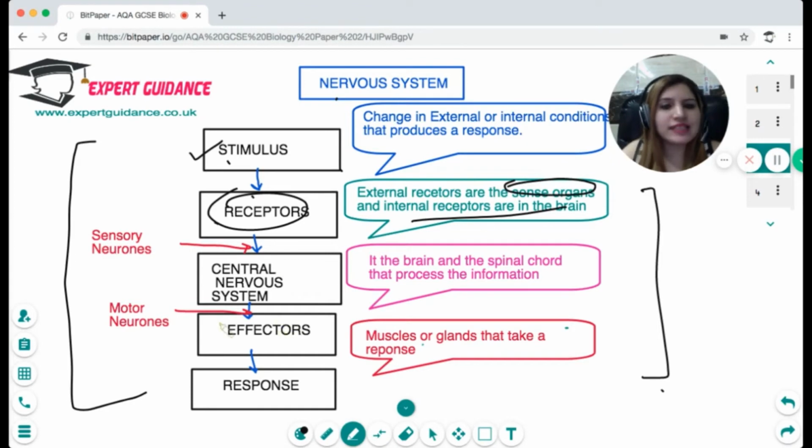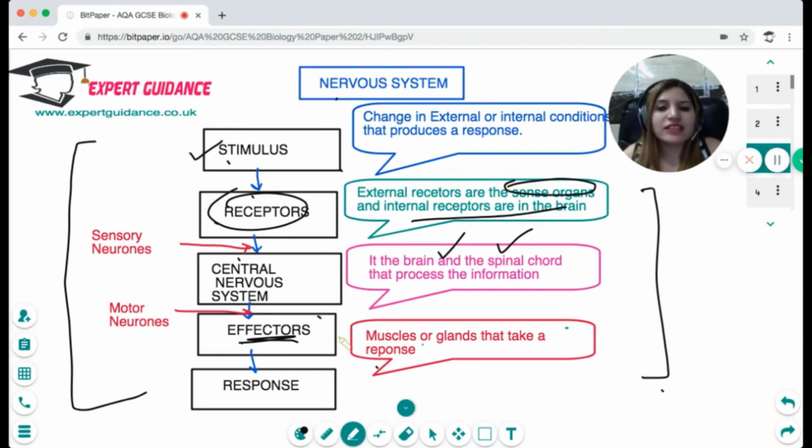The controlling center is the central nervous system, which is composed of the brain and the spinal cord. It takes the information from the receptors, processes the information, decides the action, and sends the message to the effectors. What are the effectors? Effectors are the muscles or the glands, because to respond to the stimulus, your body needs to either take an action, that is, move a muscle, or release a hormone.